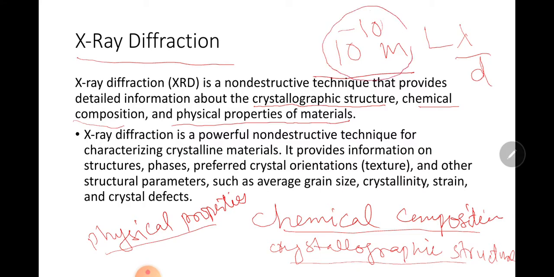If the slit separation is so small, then diffraction can take place with X-rays, otherwise not. It means that when the wavelength is comparable to the size of the slit, diffraction will take place, otherwise it will not diffract.